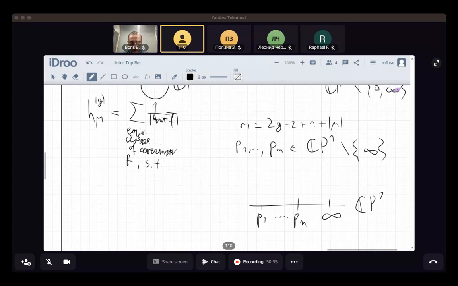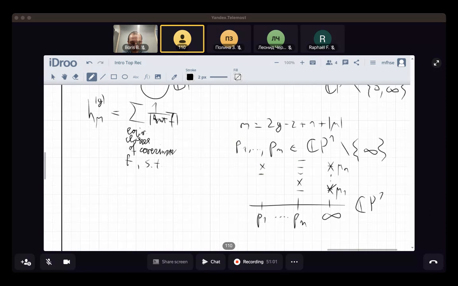And we required that the profile over infinity is mu1 to mu n, and over the pi's it's simple.